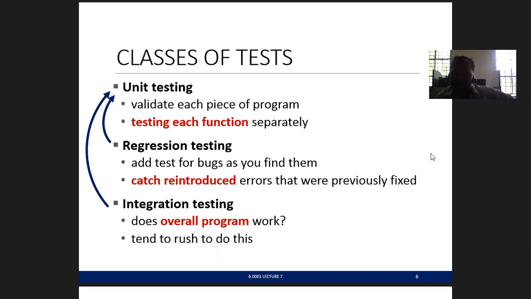It means catch errors that were previously fixed and reintroduced. See, you already fixed the errors, but if you get the same errors again, to fix the reintroduced error, that is regression testing. That is the second definition.